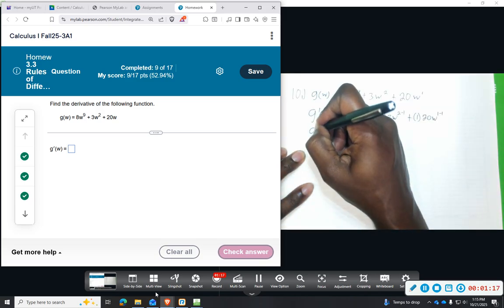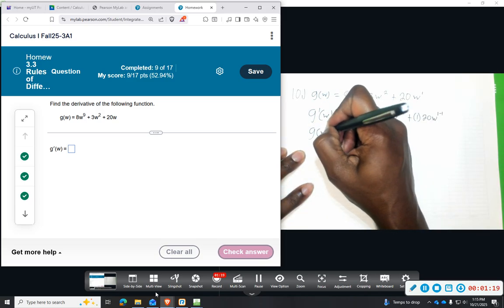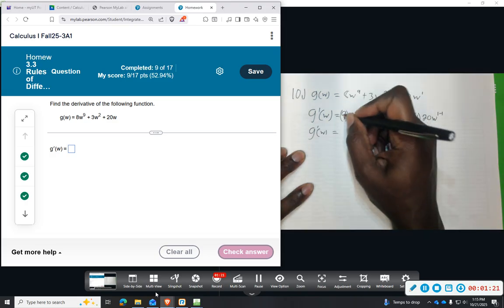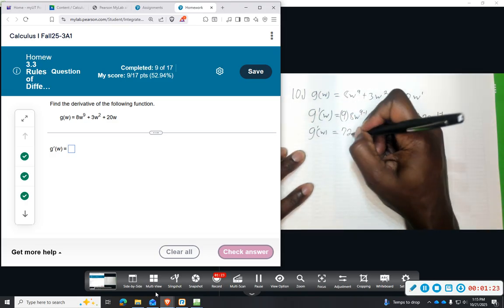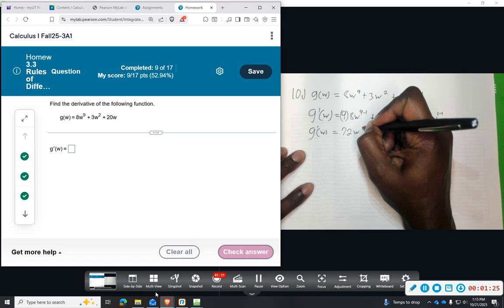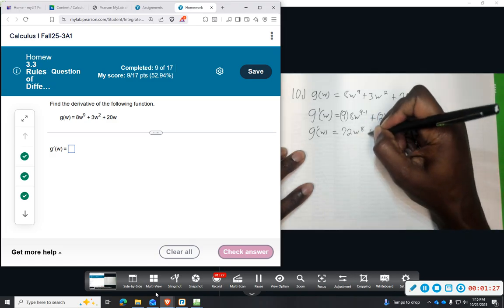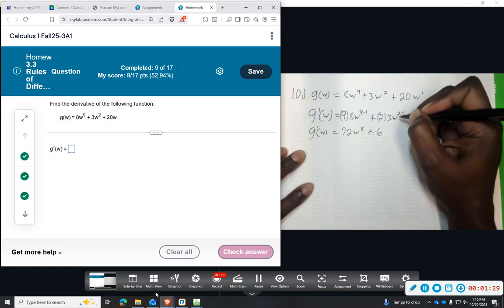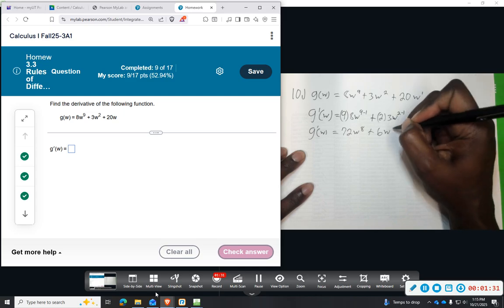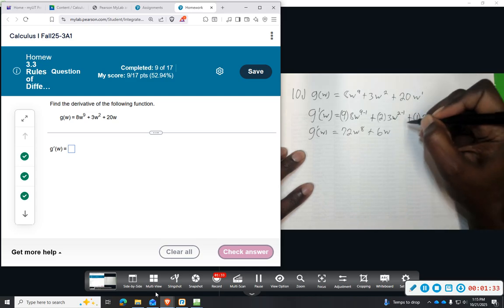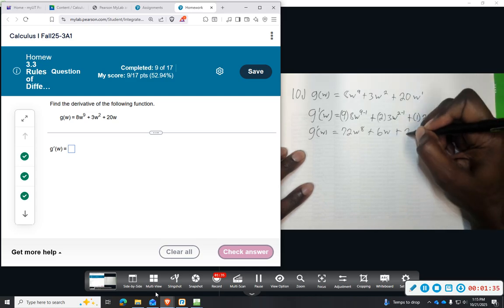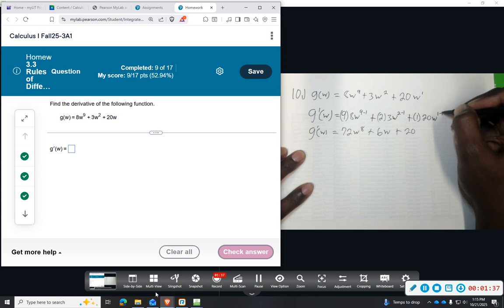So we'll get our g prime. 9 times 8 is 72w, that'll be to the 8th. 2 times 3 will give us 6w, 2 minus 1 will just be a 1, understood. And then 1 times 20 will give us 20, and then w to the 0 is just 1.